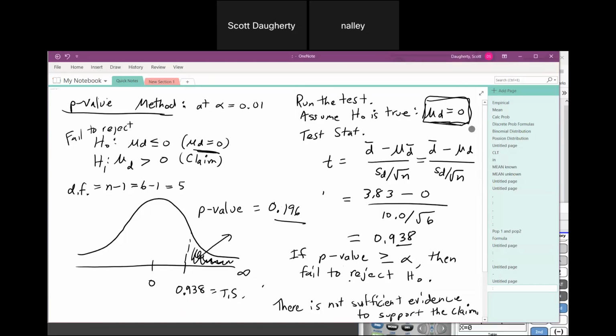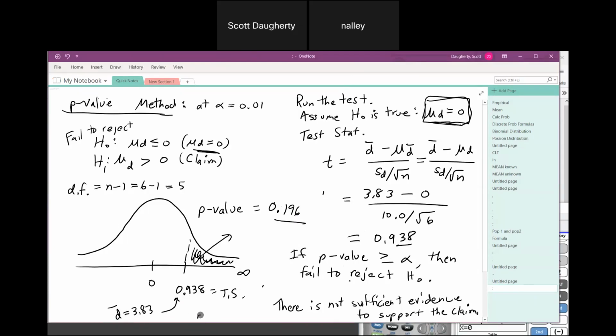So if mu sub d is 0, there is a chance that we would get a d bar value of 3.83. Remember, the d bar value of 3.83 turned into a t-score 0.938 standard deviations away from our assumption that this is 0.